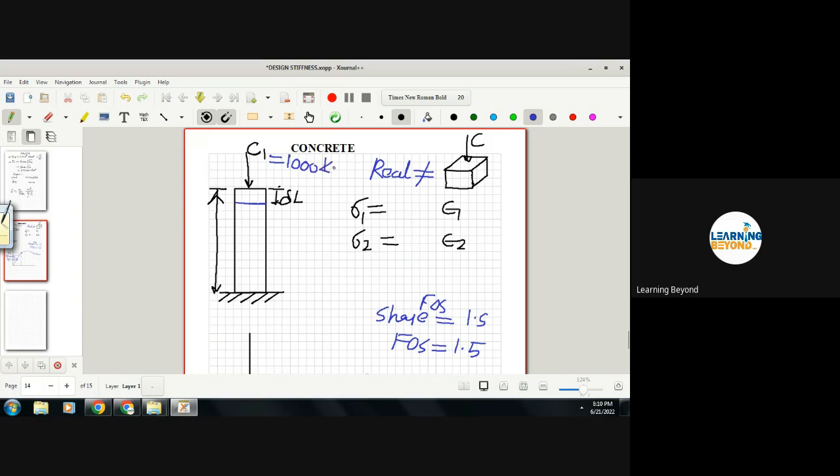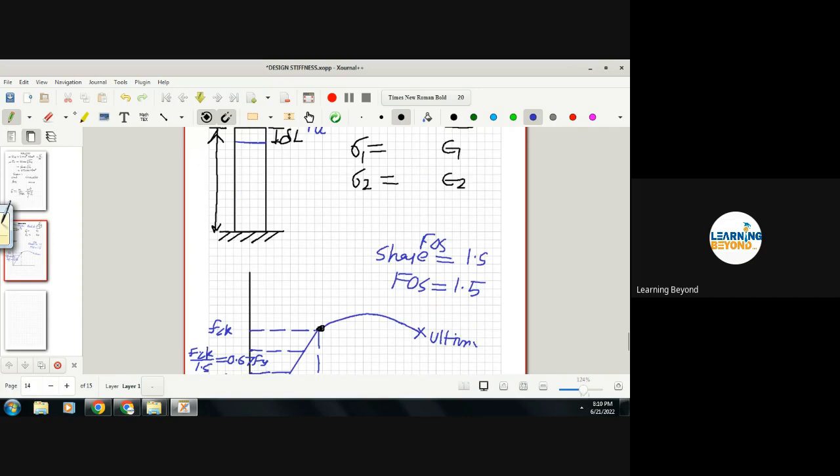The column is very short and the height is very less, so I am ignoring the length factor. If you want to design this column for 1000 kilonewton ultimate force, this is ultimate PU, let me call it PU, how much size will you provide? Let's say I want to design a square column for this force.